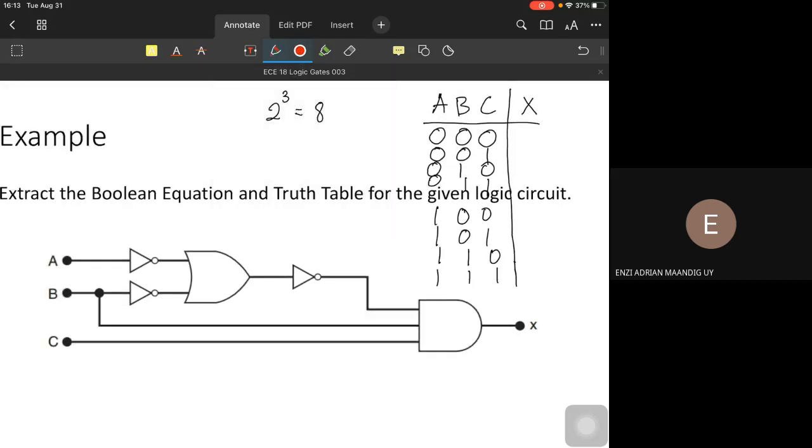What if 0, 0, 0? So C is 0, B is 0, and here at the top, A is 0, so A bar is 1.